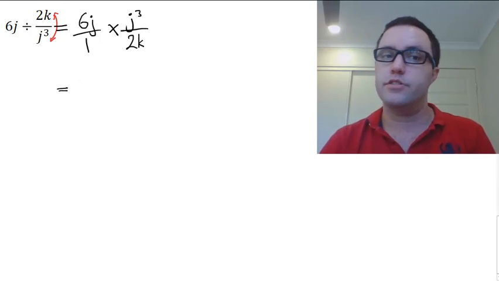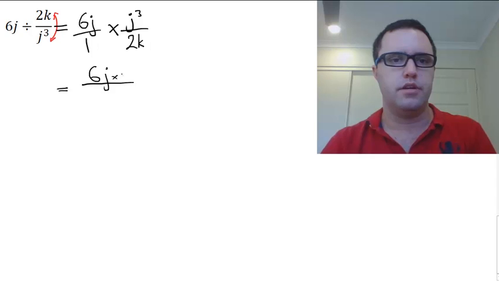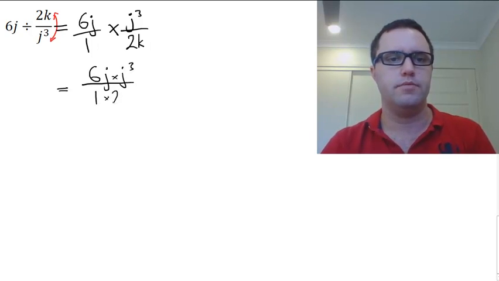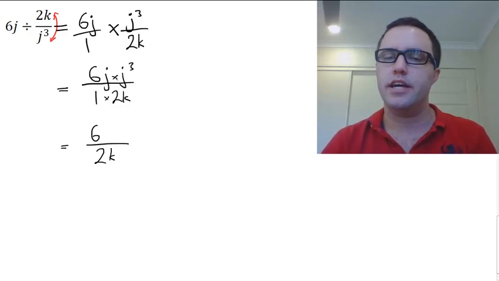And now we just carry out a multiplication. So our new numerator is going to be 6j times j cubed over 1 times 2k. Well, 1 times 2k is quite simply 2k. 6 doesn't change, j times j cubed.